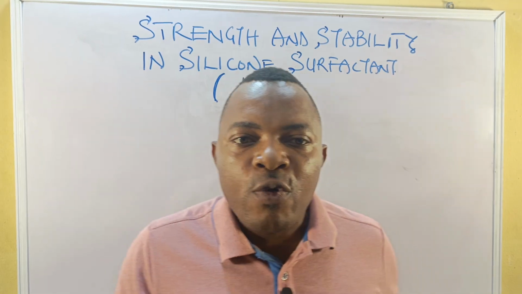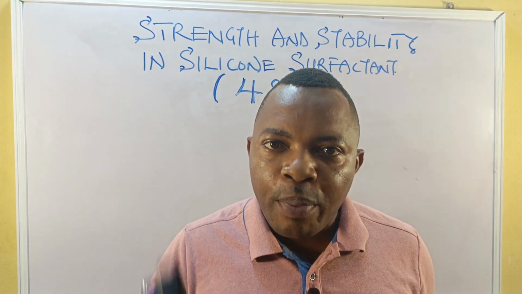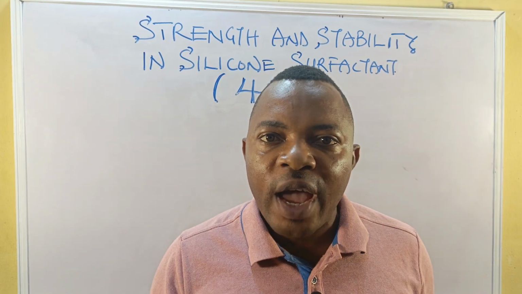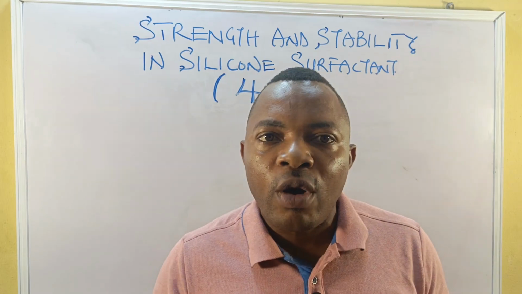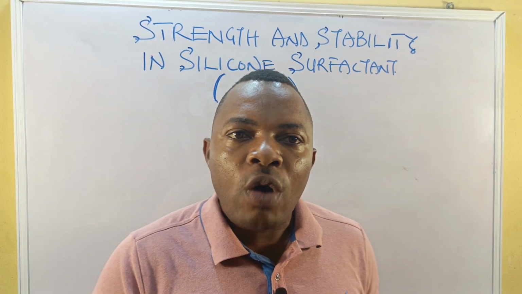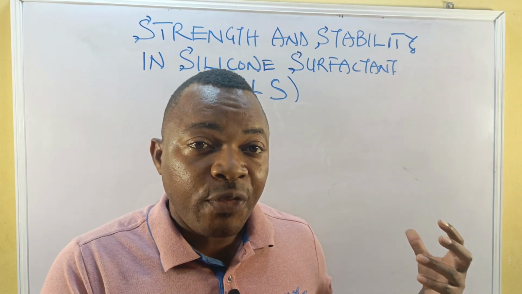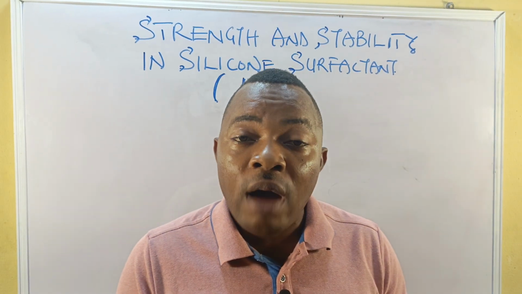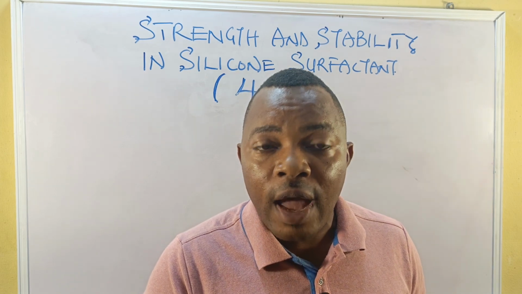So as a PU foam formulator, foaming engineer, a process chemist, or PU foam technician, these are things you need to hold at the tips of your fingers. If you do not understand this 4S principle, it will be difficult for you to design and carry out effective PU formulation. You understand?